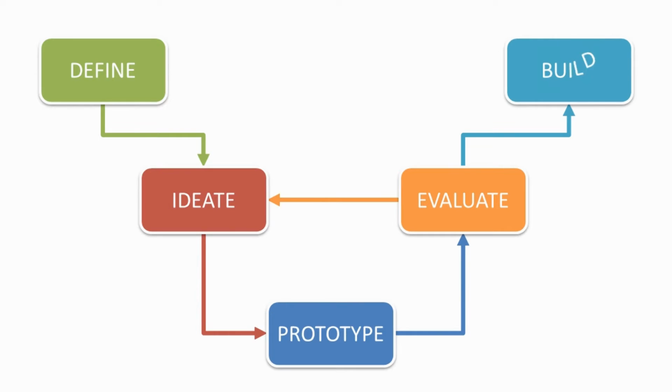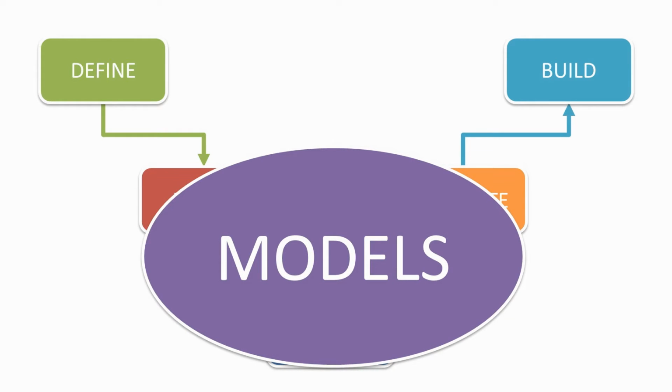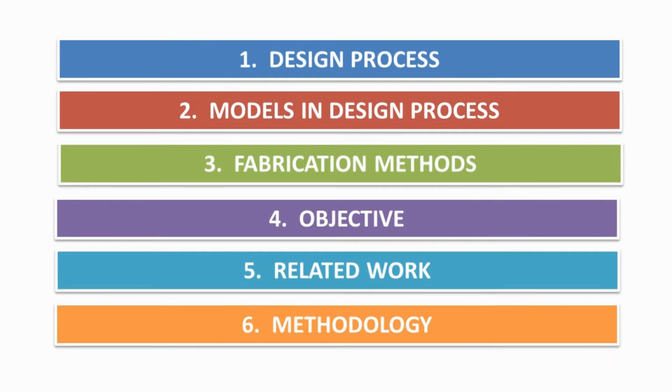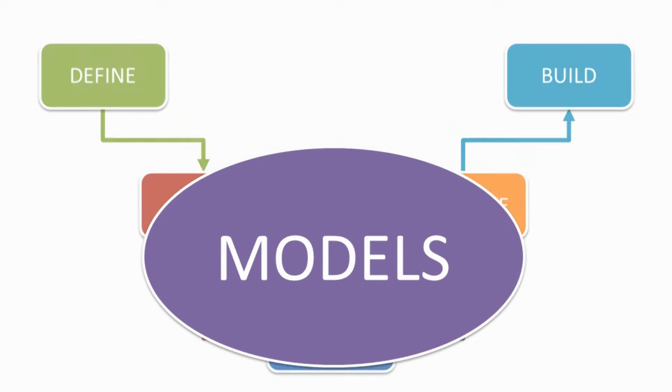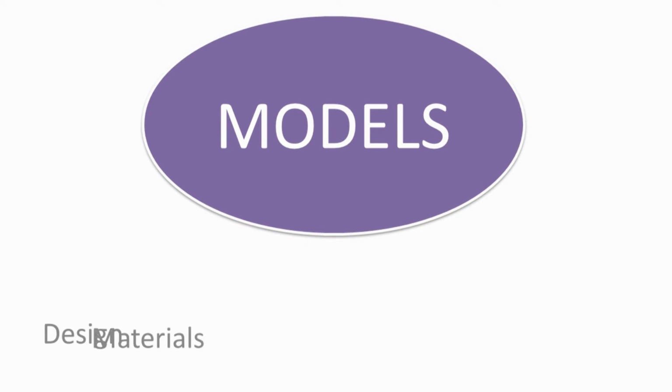So, during the prototype and evaluate stages, a number of models are built and tested. Now, I'm going to talk about these models. There are many different types of models. They can help designers adjust design, materials, size, shape, assembly, color, manufacturability, and strength.